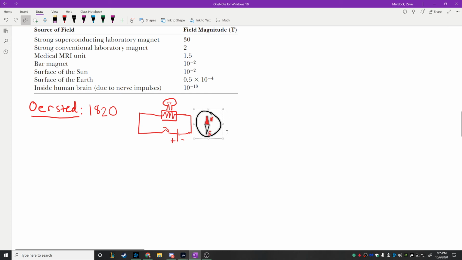Now, I don't know how this compass was oriented, but he noticed that when he turned the switch on, if he threw the switch, just very, very briefly, the compass needle would deflect down like this. Actually, it wouldn't go back. The compass needle would basically just go down and start to align, maybe at an angle like this.